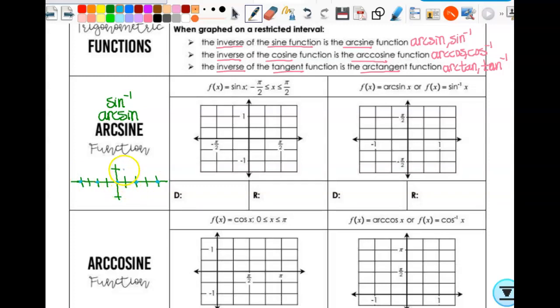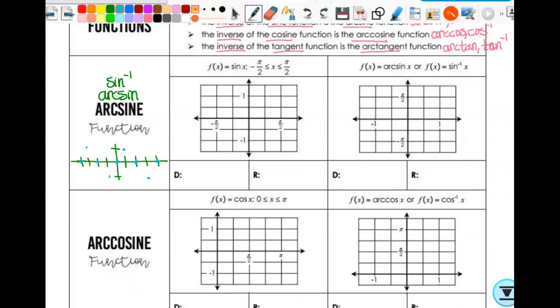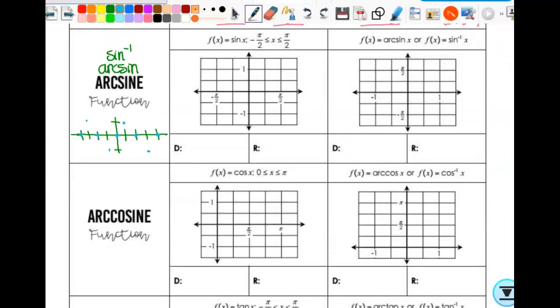So at pi halves, I'm at 1, at 3 pi halves, I'm at negative 1. And here I'd be at negative 1 and positive 1. So I'm just going to make some points so I can make a semi-decent looking graph here to look at. It doesn't have to be perfect. Mine are a little off, but it'll be good enough to get an idea of what's happening here.